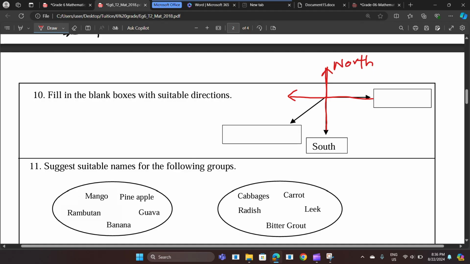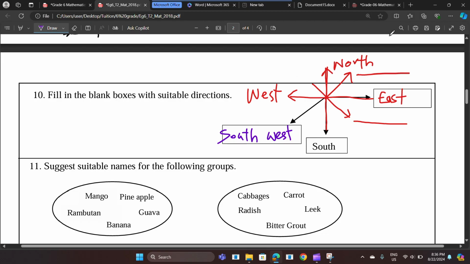North, after north, east, and here is west. And in subdirections, this is northeast, this is southeast, and this is southwest. Okay, it's easy. The direction unit is easy.